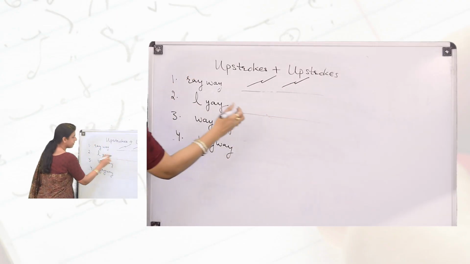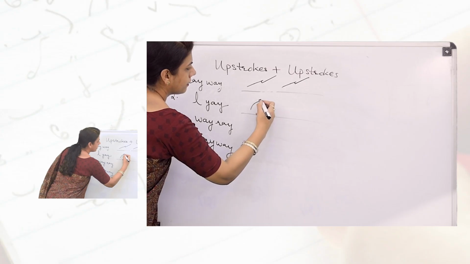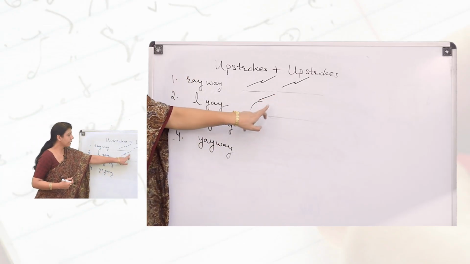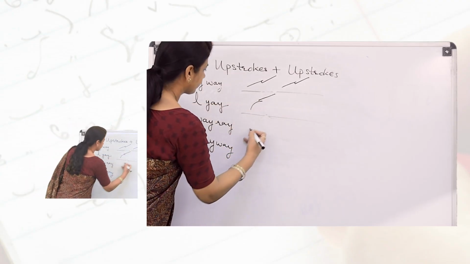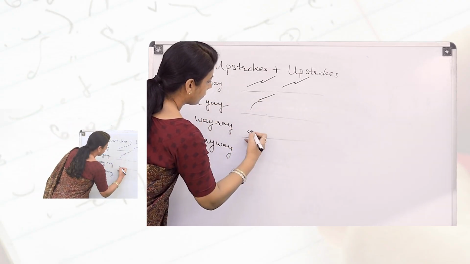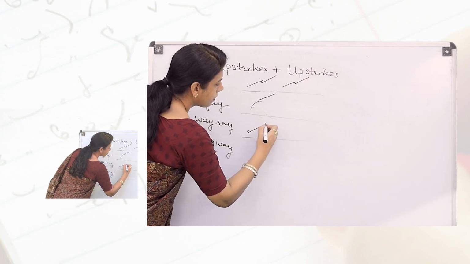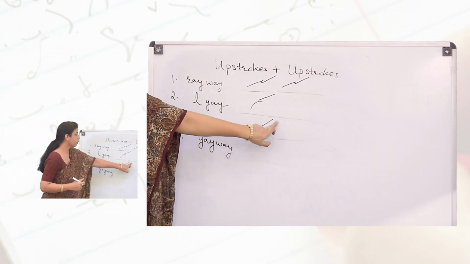Next is L and A. L above the line, and then A follows. So both being upstrokes are written from bottom to top. Way, after Way we have to write Ray. So Ray is a straight stroke from bottom to top.